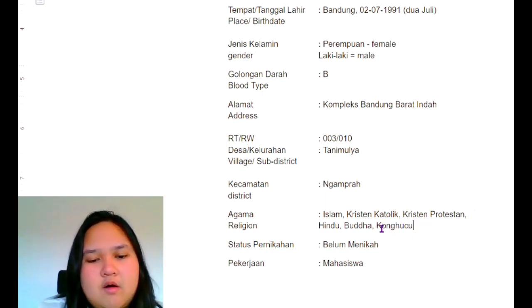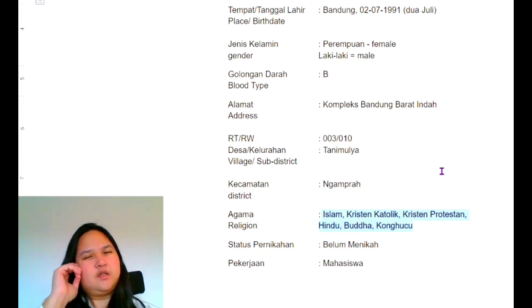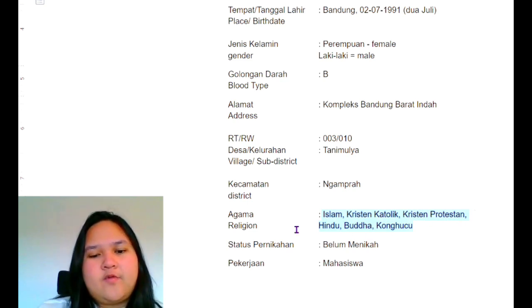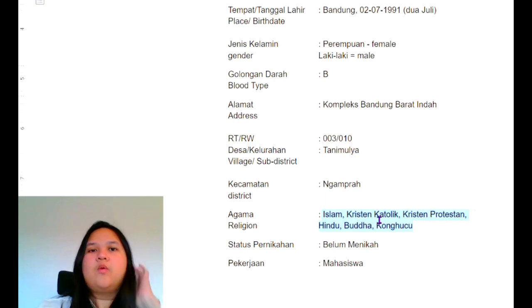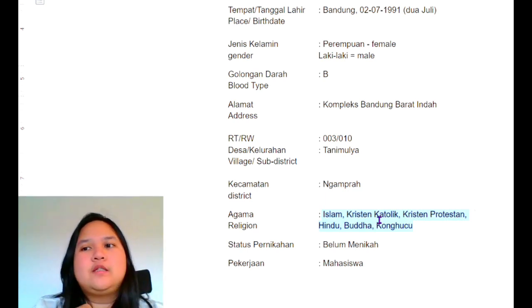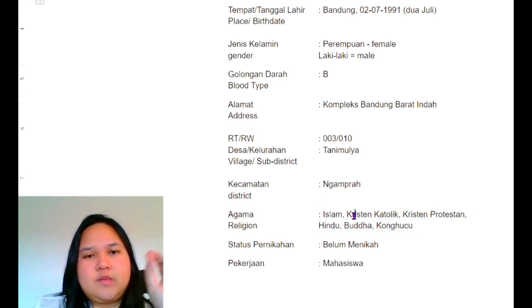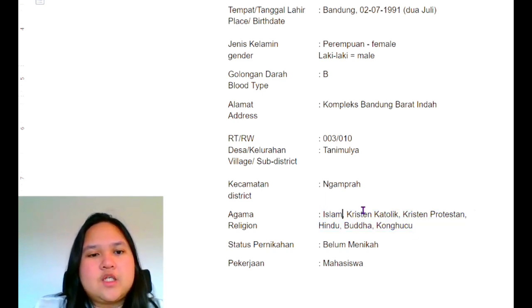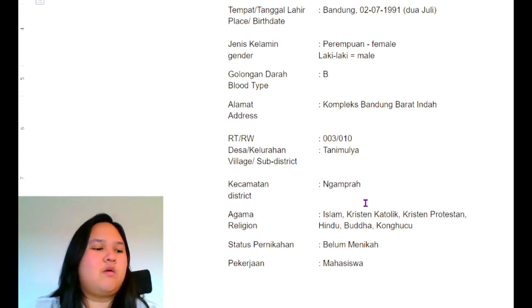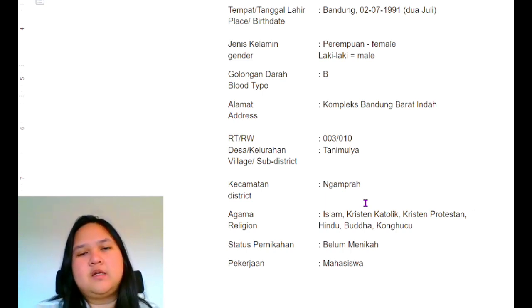So these are all the official religions, and usually in the ID we would use this religion form, you have to fill it. So in Indonesia it's kind of taboo or illegal if you don't have a religion, so what kind of religion has to be written there. It's not only in the ID, it's kind of a big deal in daily life.